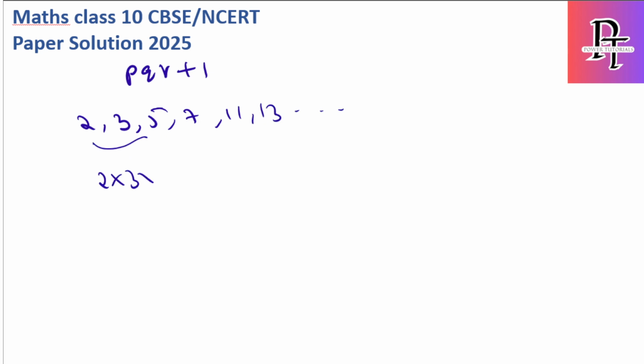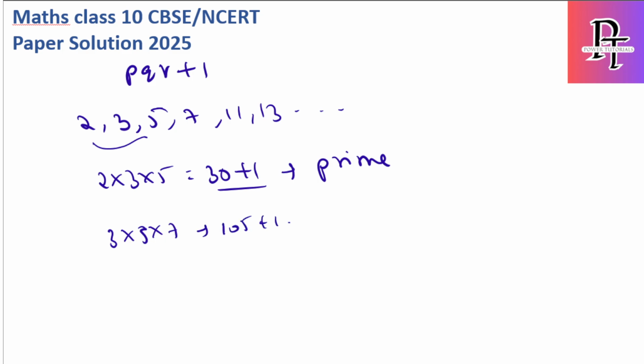So 2 into 3 into 5, what will I get? 2, 3 is 6, 6, 5 is 30. 30 plus 1, 31 is a prime number. What about 3, 5, 7? 7, 5 is 35, 35, 3 is 105, 105 plus 1 is a composite. So we got both the options.